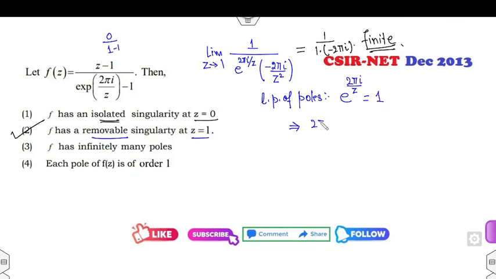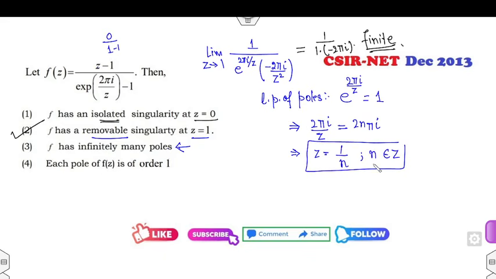That means 2 pi iota over z is 2 n pi iota. 2 pi will be cancelled, pi will be cancelled, it is 1 over n, where n is my integer. So because n is an integer, it has infinitely many values. Yes, the third option is also correct.